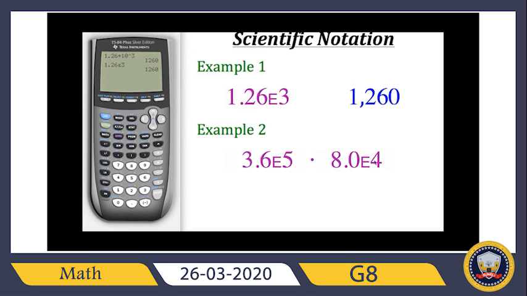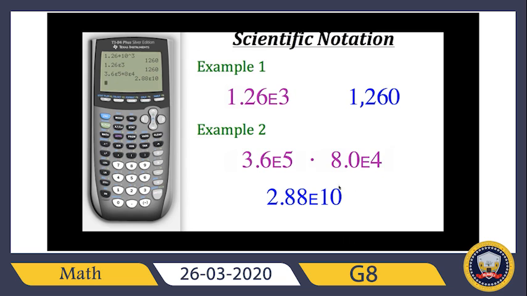Now let's do that multiplication on our calculator. So we have 3.6 times 10 to the fifth times 8 times 10 to the fourth, giving us a result of 2.88 times 10 to the 10th power.